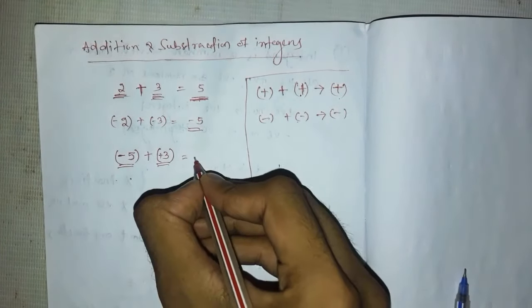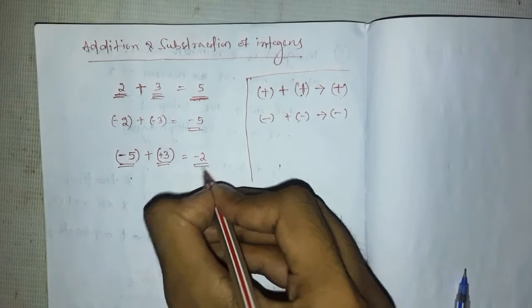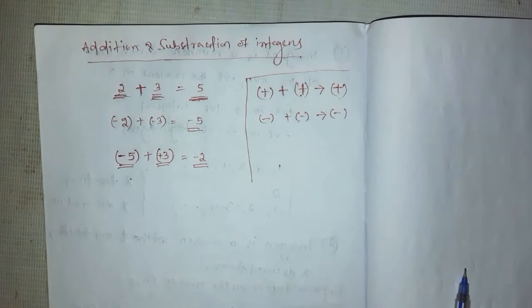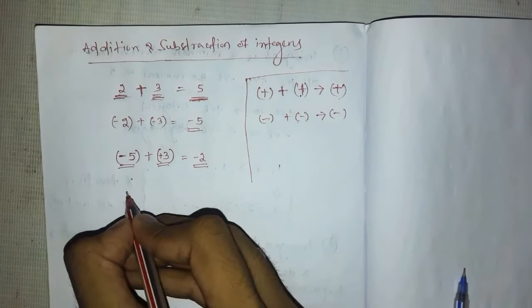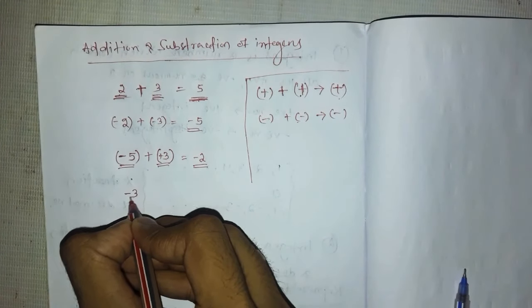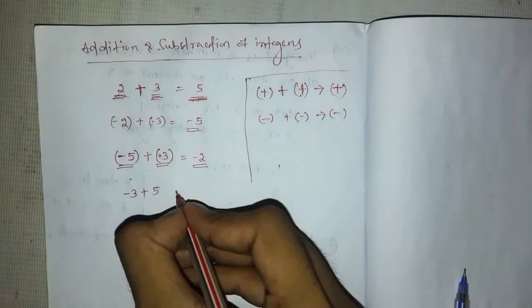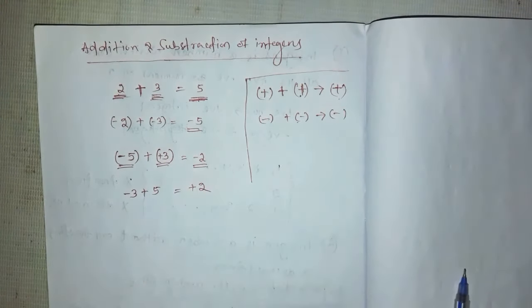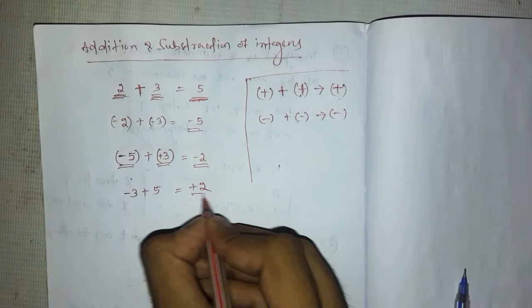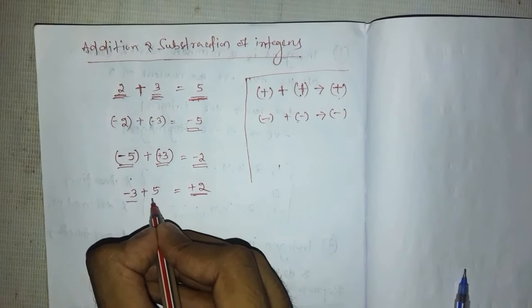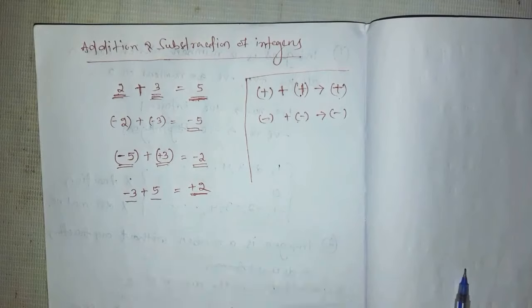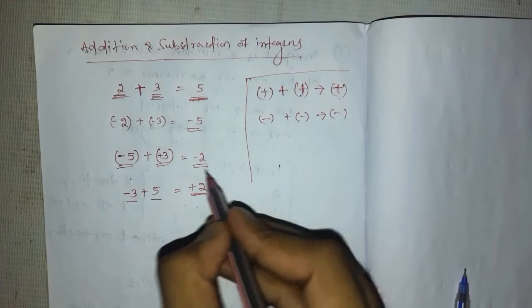Minus 5 plus 3 is minus 2. The 2 is a negative integer. If we add minus 3 plus 5, what will I get? Plus 2. Here 3 is a negative integer, 5 is a positive integer and 2 is a positive integer. Look at these two examples.